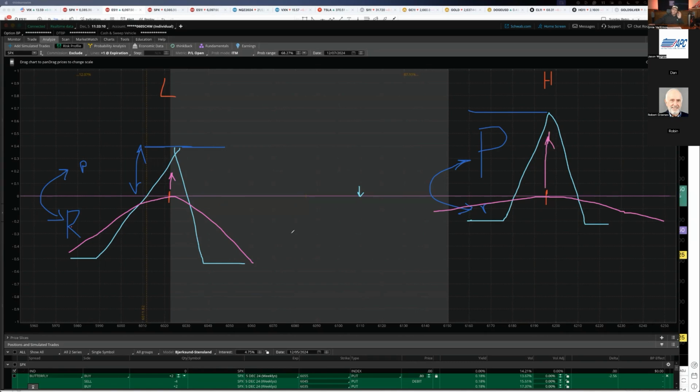But the most stark difference, besides risk to reward and potential, is the sensitivity to price. If price moves, say 10 points like that in low volatility, going down the premium curve, it would come way down here. You're going to get a big increase in the value. In high volatility, that same 10-point move only goes down about this much. So the value change is very small. That's your sensitivity to price.